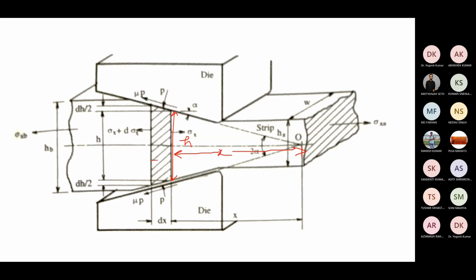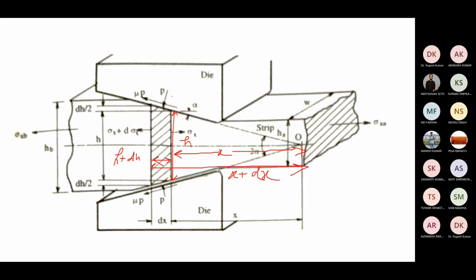This is dx. So this total length from the vertex O will be x plus dx. So we can say the height of your strip at this moment becomes h plus dh, right?